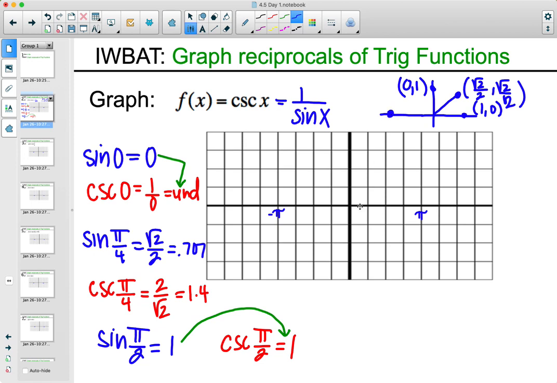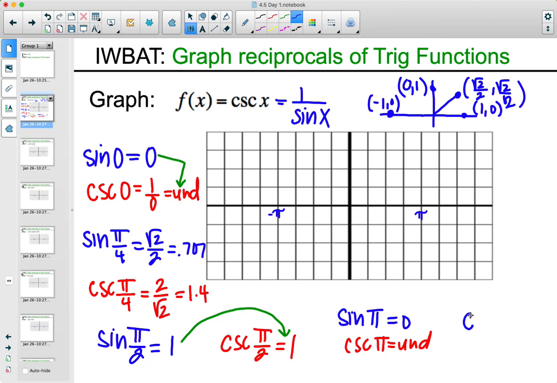Similarly, if we go all the way over here to pi, and we look at the sine of pi, this ordered pair here is -1, 0, so the sine is going to be 0. The cosecant at pi is then going to be undefined, just like we talked about. When sine is 0, cosecant is undefined.